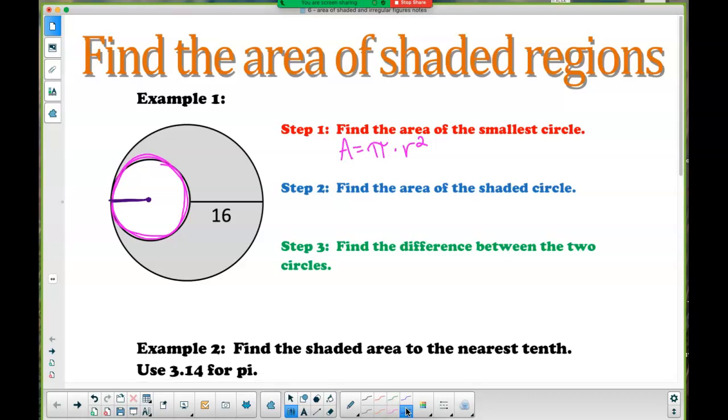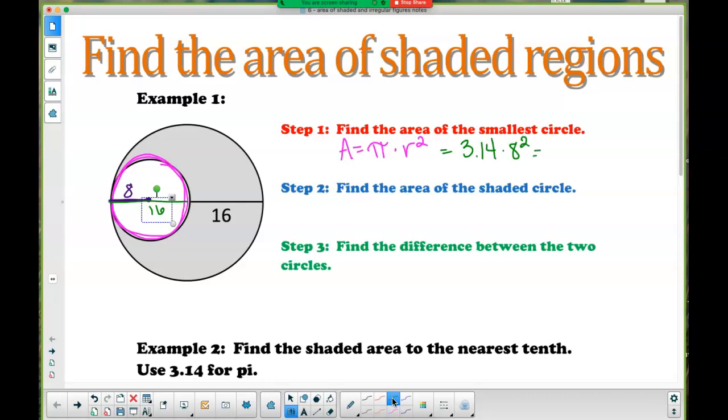How did you get that? The other side would be 16, so I just halved it for the small one. Yeah. Absolutely, okay? So this whole distance right here would be 16. Everybody agree with that? Because it has to be the same as this other side. And so if this whole thing in the green is 16, that means half of it, the radius is 8. So we're going to do 3.14 times 8 squared and get our answer.